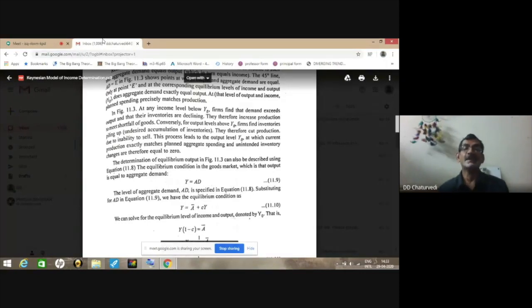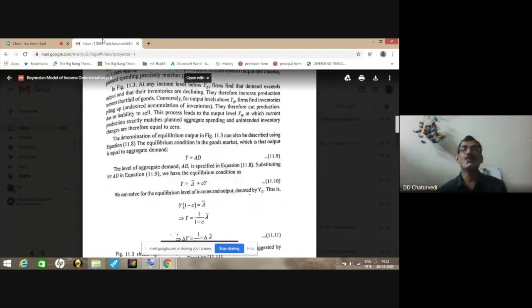When we rearrange the terms, we get Y within bracket 1 minus C is equal to A bar. So Y will be equal to 1 upon 1 minus C into A bar. This particular equation has special significance in the sense that it shows the equilibrium level of income is indicated by A bar divided by 1 minus marginal propensity to consume, which is the same as A bar divided by marginal propensity to save.